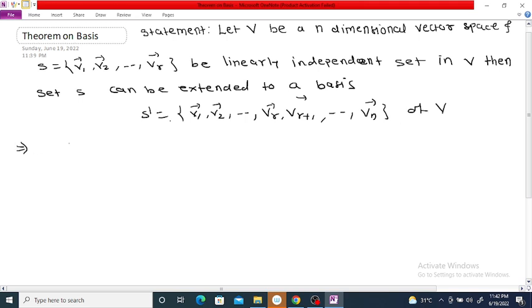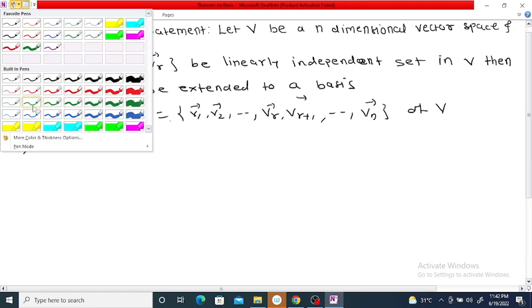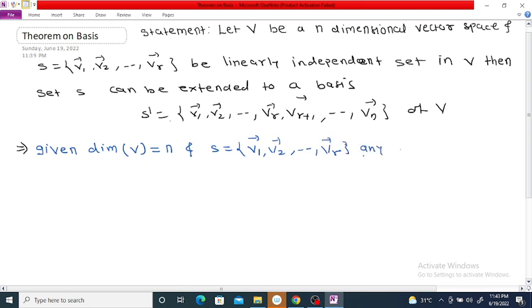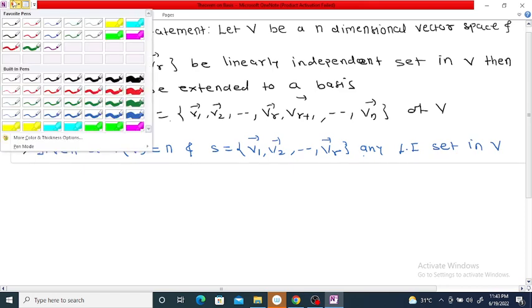So what is given here? Given: the dimension of vector space V is equal to n, and S = {v1 bar, v2 bar, ..., vr bar} is any linearly independent set in vector space V. And what is our claim here?